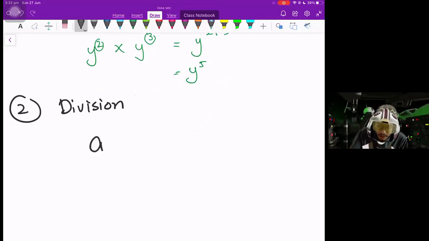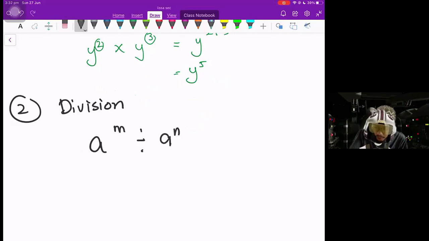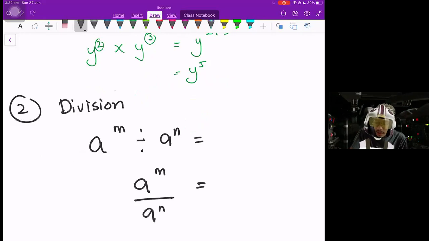The rule is a to the m divided by a to the n. If you are dividing the powers, what you need to do is just minus the powers.